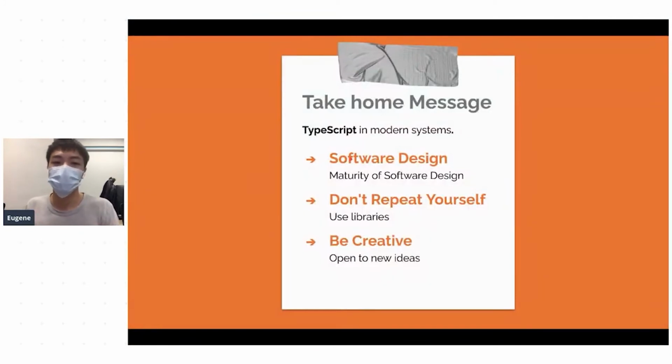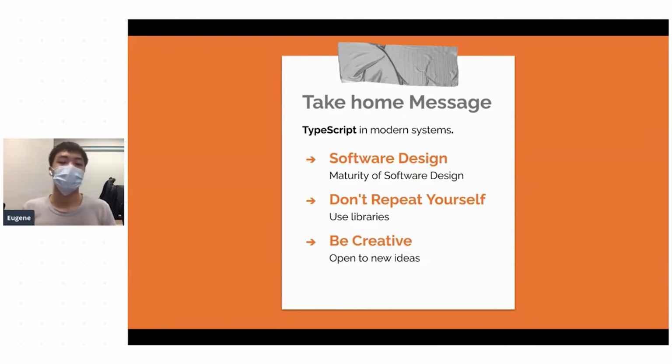The take-home message I want here is that TypeScript, I think, is quite mature for modern systems, and it can seriously speed up your application, right? And we already have very mature software design knowledge in our hands from so many years. So we should take in this object-oriented approach in lots of applications, and try not to repeat yourself.